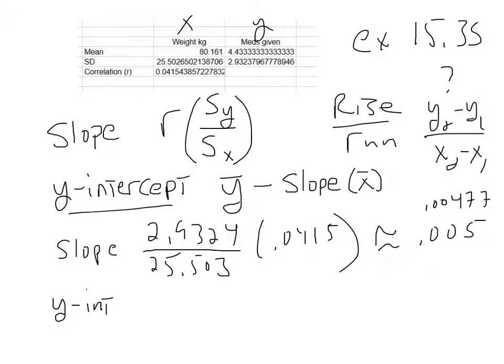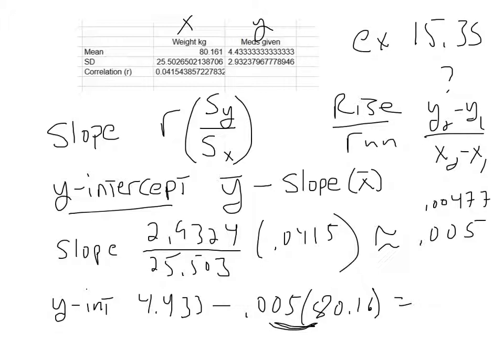So y bar is 4.433, which is probably close enough, minus 0.005 times the average of the x's, which was 80.161. If you're using a graphing calculator, you could type that in just the way it is. If you're not, you've got to multiply these two numbers first, then subtract that product from the 4.43.